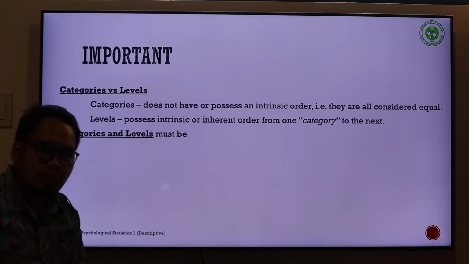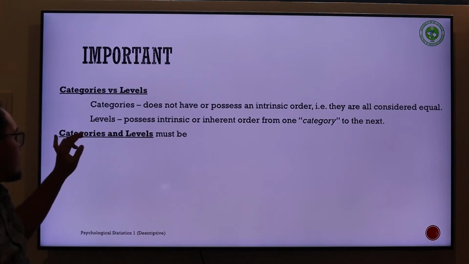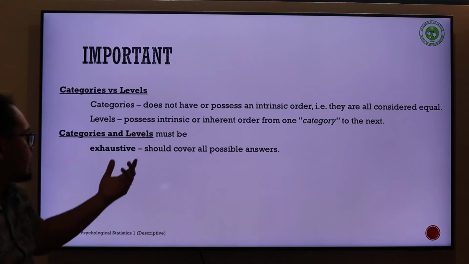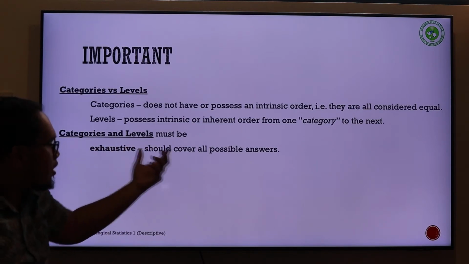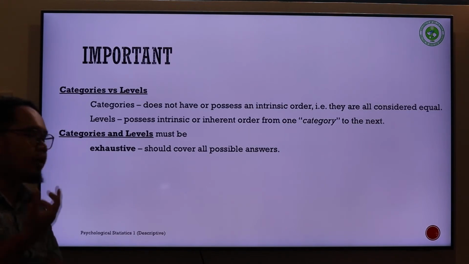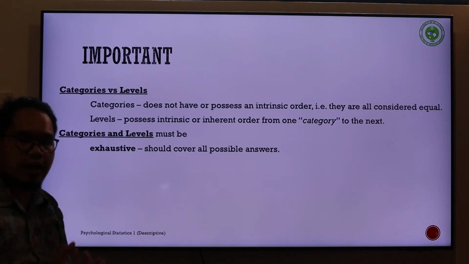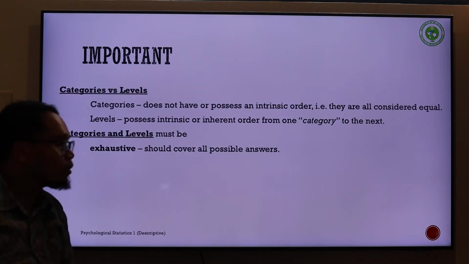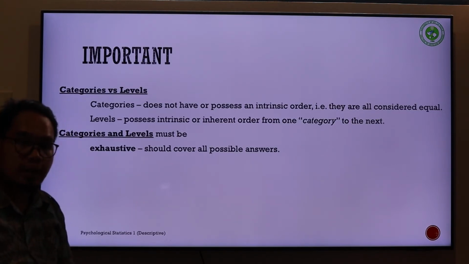One important thing as well, categories and levels must be, number one, exhaustive. When you say exhaustive, it should cover all possible answers. This is important when you're creating your survey questionnaire for research, if you're doing a quantitative survey type of study.